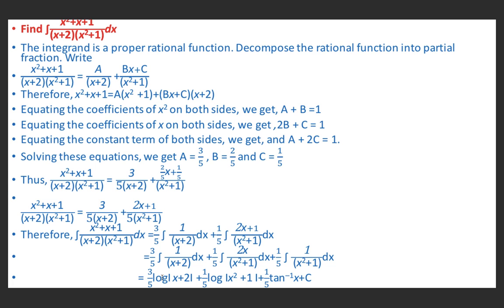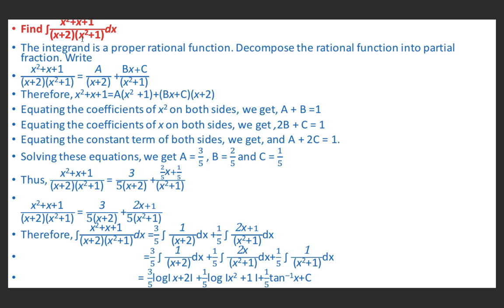Now one more type of rational function. Suppose we want to find the integration of x square plus x plus 1 upon x plus 2 into x square plus 1. Suppose we want to find the integration of this function. So first of all we will decompose into partial fractions. In the denominator here we have x plus 2, here we have x square plus 1.